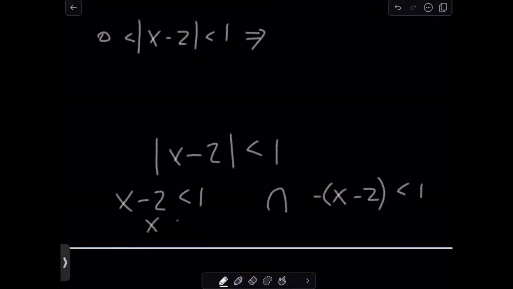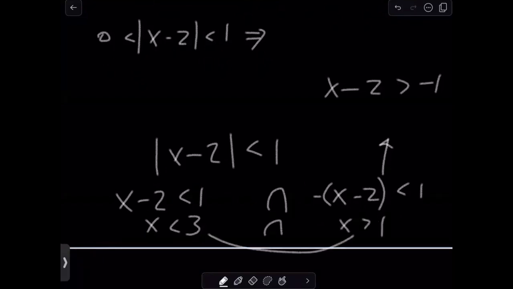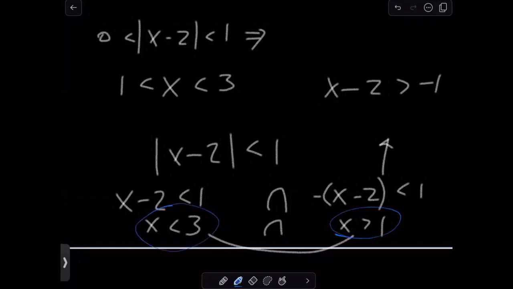Take 2 over onto the other side: x less than 3. If we solve this one, we get x minus 2 is greater than minus 1, so x is greater than 1. We take the intersection between these two, and we get x is between 1 and 3. This one is saying x has to be greater than 1, and this one is saying it has to be less than 3.